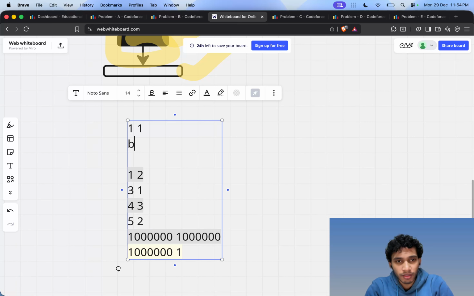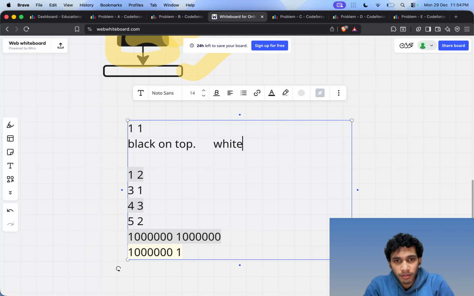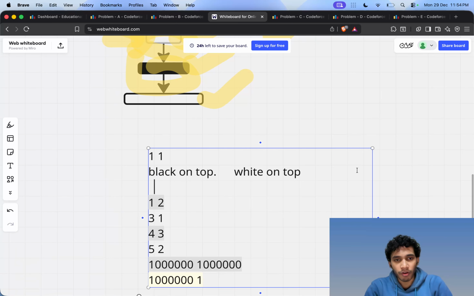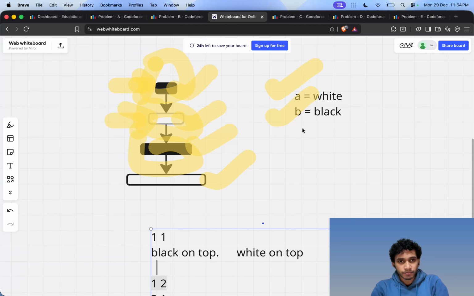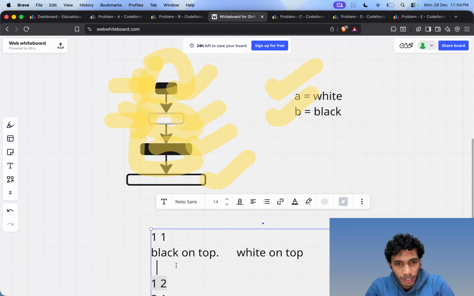Let's say black is on top, and the second is the case where we have white on top. So for black on top, how many layers can we form? In the first layer, we want one amount of chocolate. Do we have one amount of chocolate? Yes, we do. So one layer is possible.